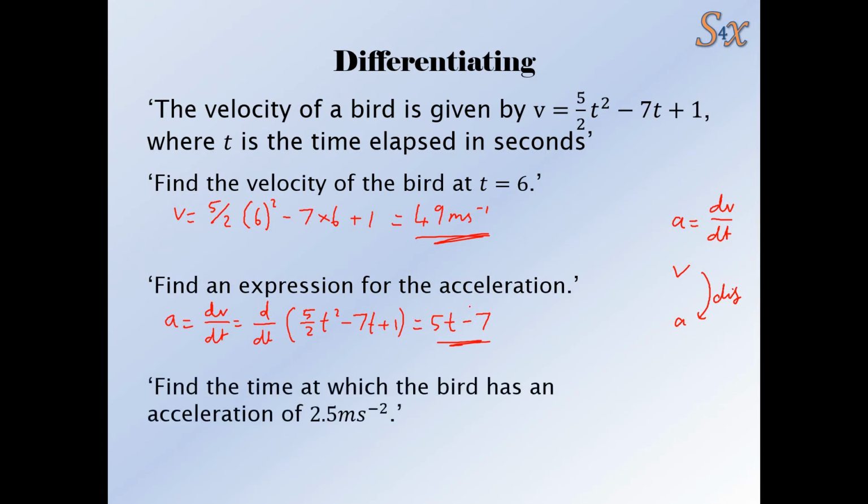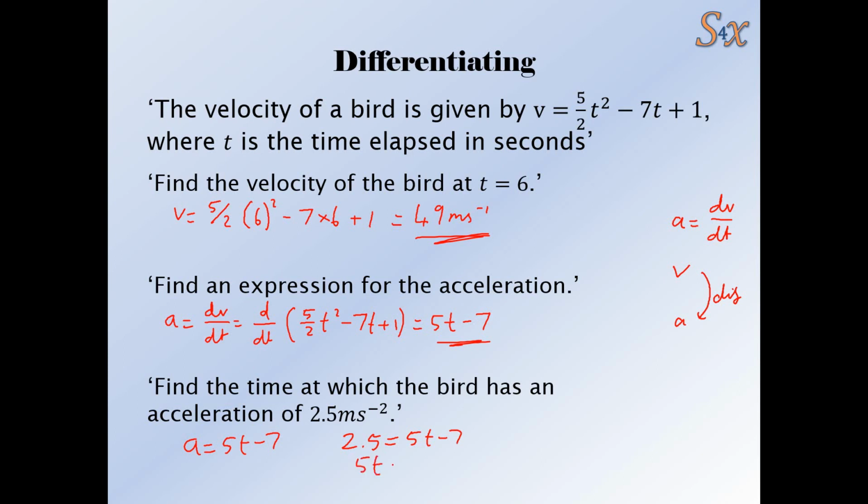So find the time at which the bird has an acceleration of 2.5 meters per second squared. Well, I know the expression for a now. I know that a is 5t minus 7. They've told us what the acceleration is. It's 2.5, so I can substitute that into my expression and just solve it from there.